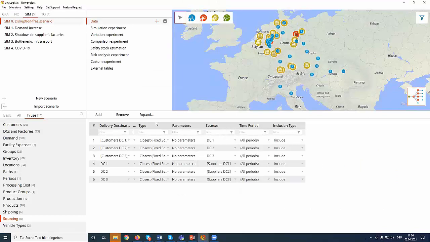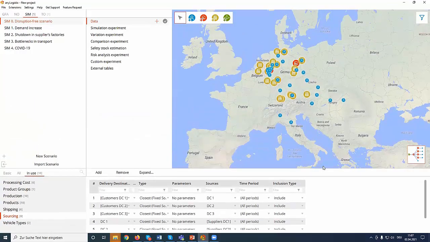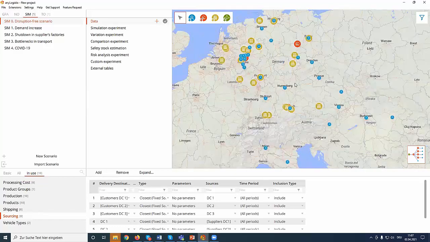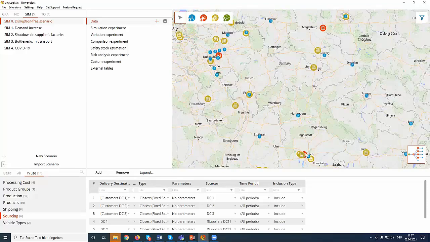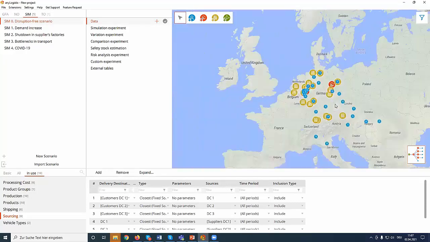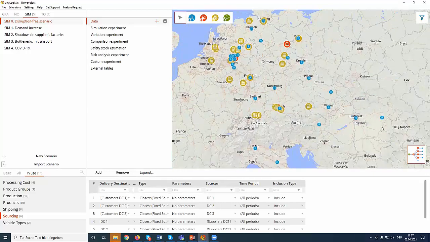Well, now let us consider disruption modeling in anyLogistix. Our supply chain is comprised of suppliers, which are marked here as yellow icons, 3 distribution centers, these red icons, and customers, the blue icons, right?